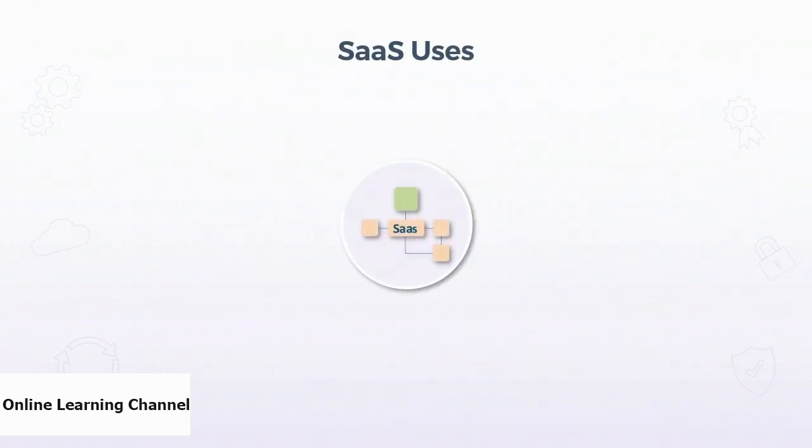So what are some common uses of software as a service? Email. If you've ever used Gmail, Outlook, Hotmail, Yahoo Mail, right, you've already used some form of software as a service. You're not installing an email management system onto your computer and setting up your POP servers and these types of things.